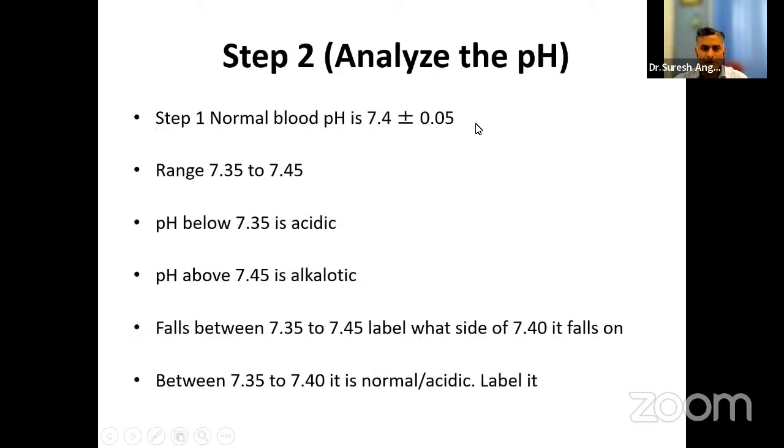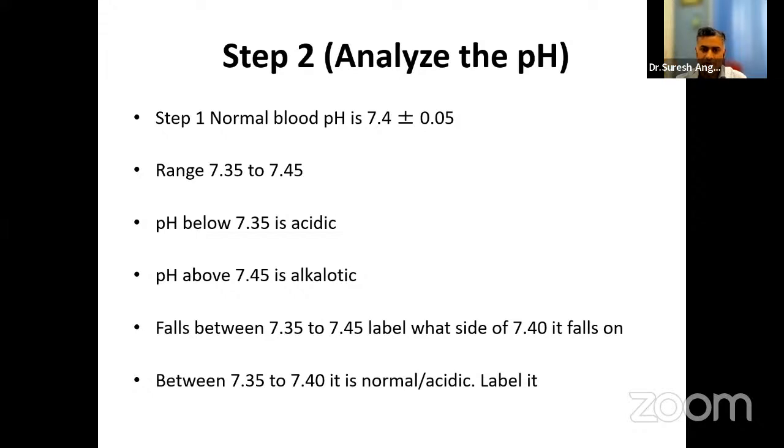The next step is to see the pH. So normal pH, you know, ranges from 7.35 to 7.45, and any pH less than 7.35 is acidic, and any pH more than 7.45 is alkalotic. If the pH is just in the normal range and we don't see other parameters, then we can't make a guess whether it is acidotic or alkalotic.